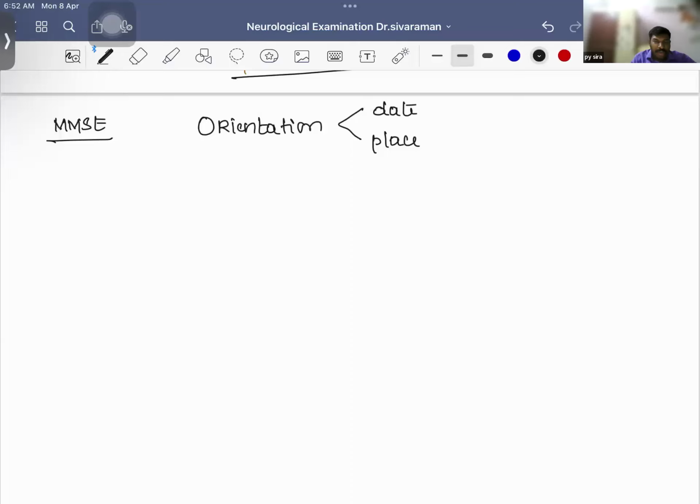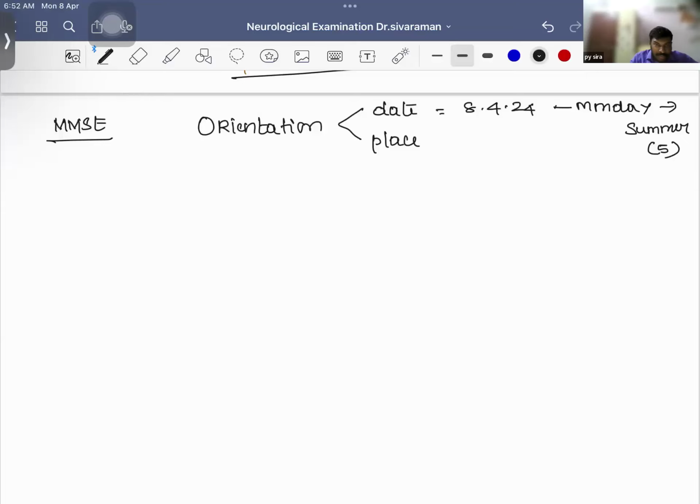The patient is going to tell, for example, 8-4-24, and it is a Monday, and it is summer season. Now for each point you're going to give one score, and the score is going to be 5: day, month, year, day, and season.